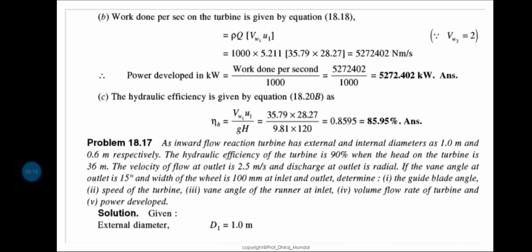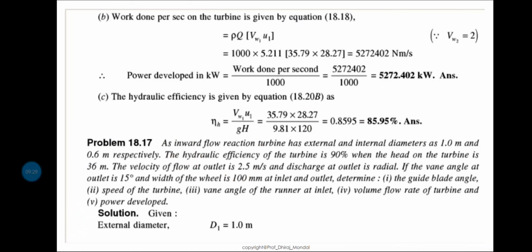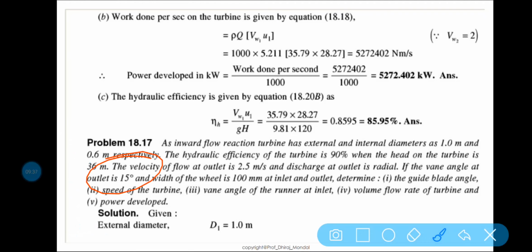Clear? And the velocity of flow at outlet VF2 is equal to 2.5 meter per second. Now the vane angle at the outlet is given as 15 degree, that means phi is given, and the width of the wheel, that is B at the inlet, is given, and the outlet width is 100 millimeter, at the inlet and outlet both are the same.